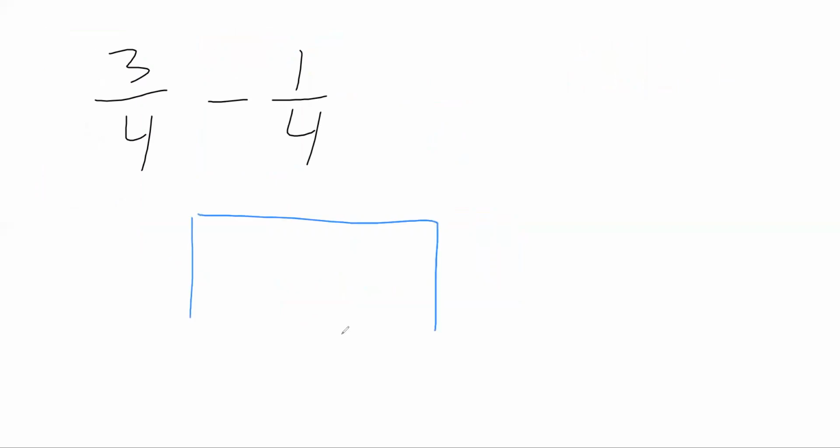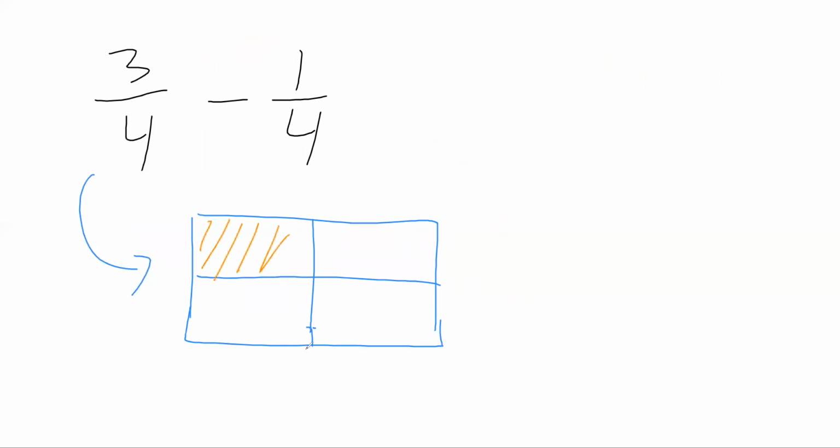Maybe in this case, let's take 3/4, and we're going to subtract 1/4 from that. So again, step one, let's model our first fraction only. There's 4 parts. We're going to shade in 3 of them. 2, 3.